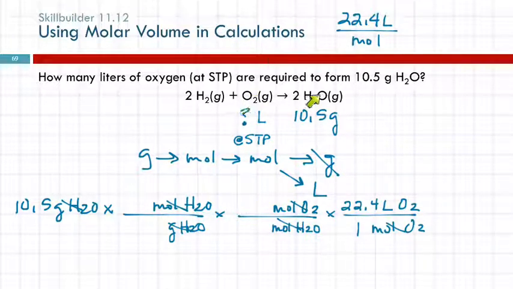This is my mole ratio: 1 mole of oxygen to 2 moles of water. And then grams to moles, that's the molar mass of water, 18.016. So 10.5 divided by 18.016 divided by 2 times 22.4. I look at all of this, and I've got 3 sig figs here and 3 sig figs here. 22.4 is not an exact number.